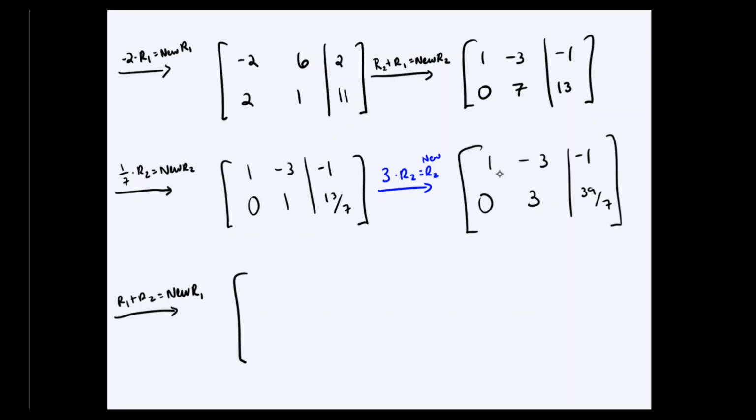So we'll add these column by column. 1 plus 0 is 1. -3 plus 3 is 0. -1 plus 39/7, we'll have to calculate that off to the side. That's going to be equal to -7/7 plus 39/7. That would be 32/7.